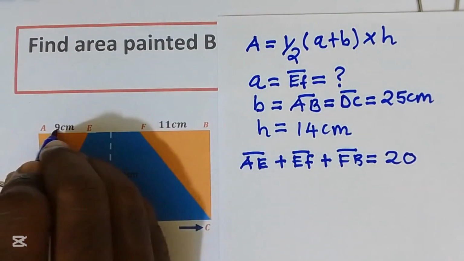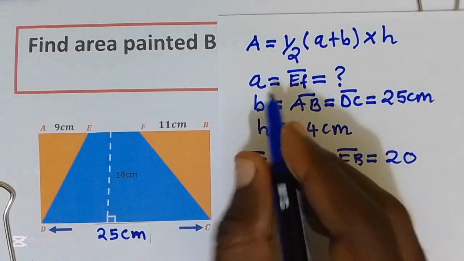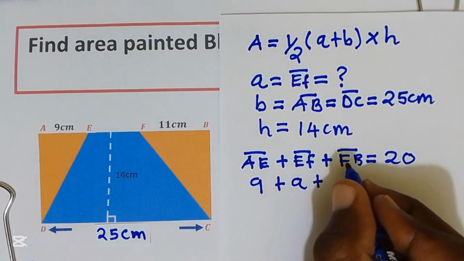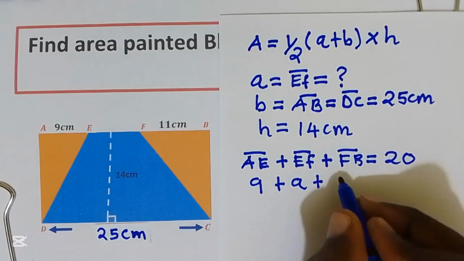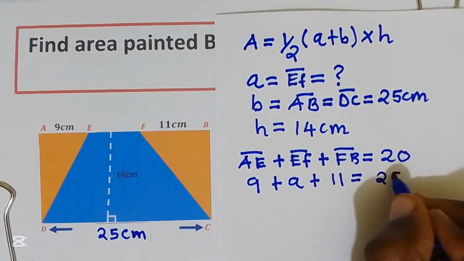AE is 9. EF, we call it A, plus FB, 11. This is equal to 25.